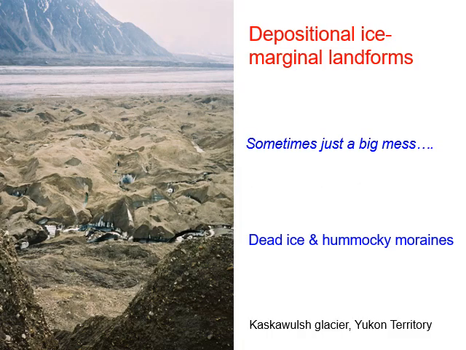If an ice margin is stagnant, so if it's melting in place, then there may still be a lot of sediment available, and some of that is partly frozen, and you have the sediment just kind of increasing and increasing on top. And what you end up with is just a great big mass of melting ice with humps and ridges. So eventually you end up with a hummocky moraine type.